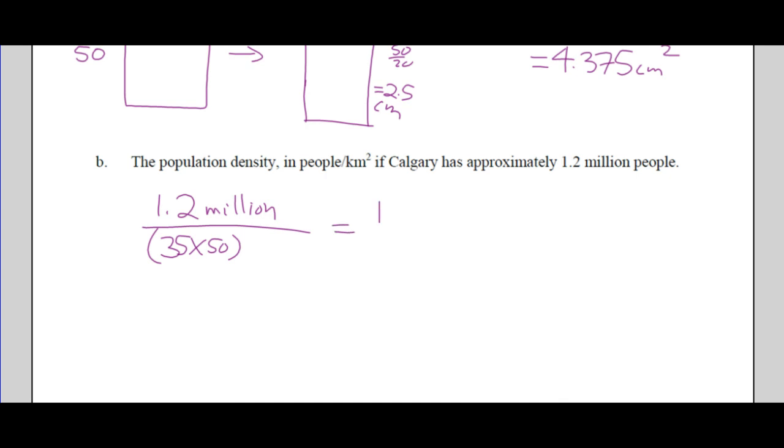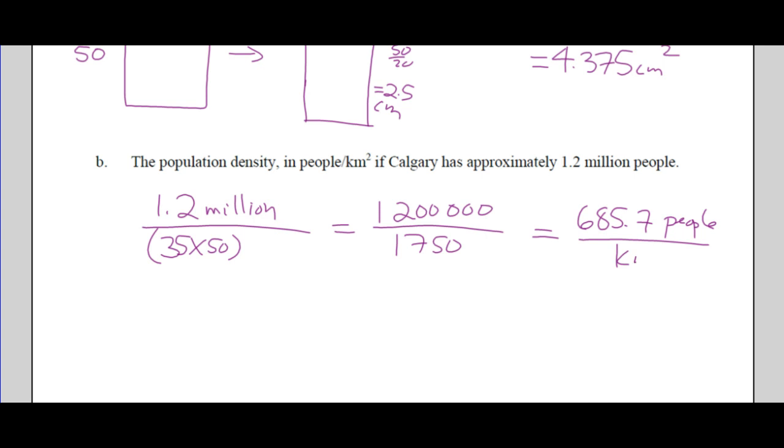So that's 1,200,000 divided by 1750, right? It's got to be 1750. Okay. So 1,200,000 divided by 1750 is 685.7 people per square kilometer.